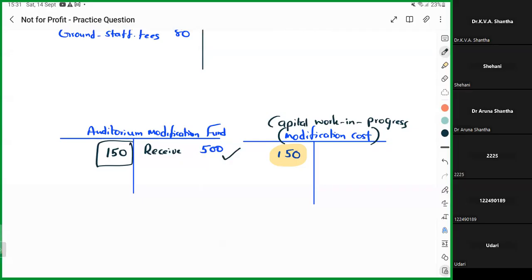Now you spend 150 out of this. So an amount equal to this amount spent, 150, you can take to the income and expenditure account. So 150 goes to income and expenditure account.